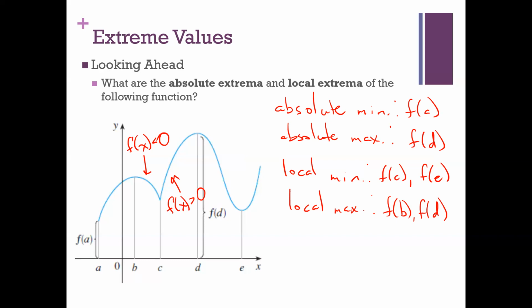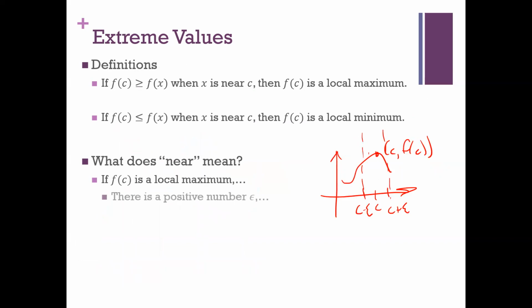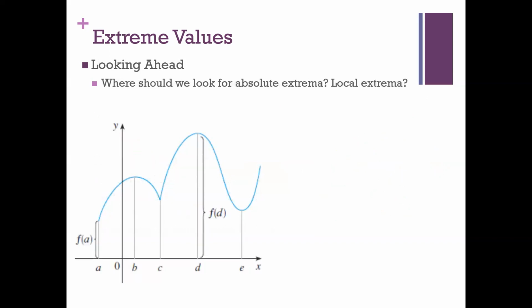Any questions about that? So we got absolute extremes, local extremes, how to find them. Now let's talk about where to look for them. A lot of these ideas just came up, but let's tie a bow around it. So on this graph, let's look for locals first.